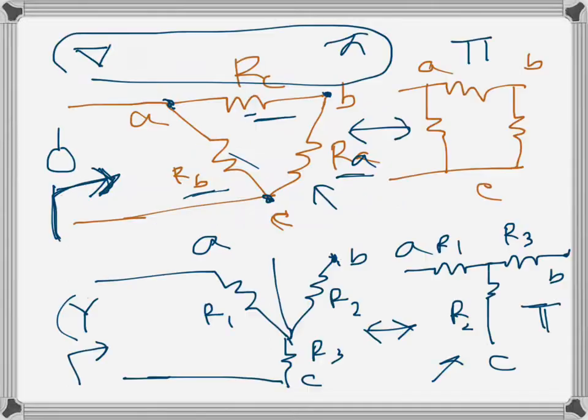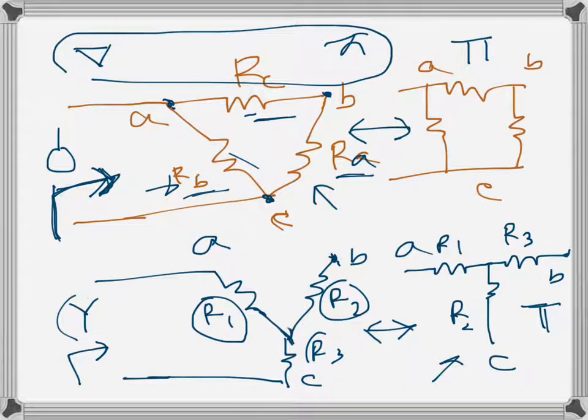That is for delta. And for Y, we are trying to find the values of R1, R2 and R3 in terms of these values, because we are substituting this kind of arrangement for this kind of arrangement. So we are changing the arrangement from delta to Y, and we want to find what the resistance values will be.